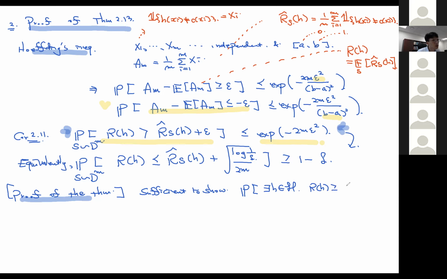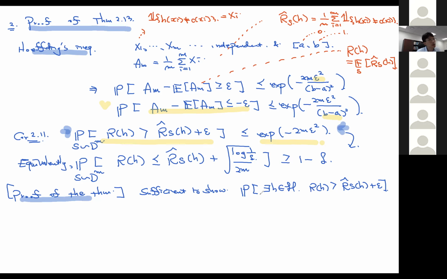So R of h plus epsilon. I think the exact statement, the exact negation, is this. We want to show that this probability, which means there is a really bad h. Our statement says all the things in H are good: for all of them, risk is bounded by empirical risk plus some epsilon.